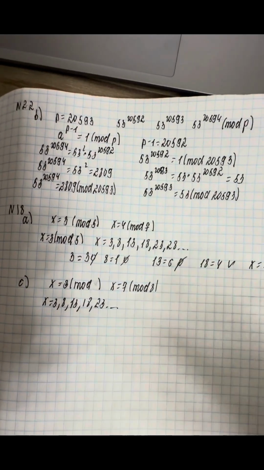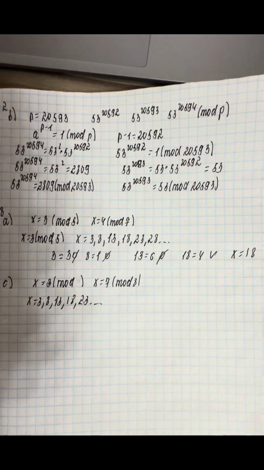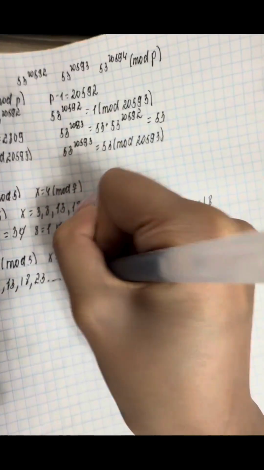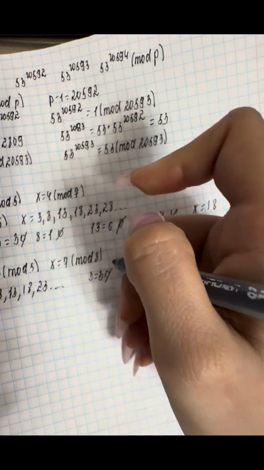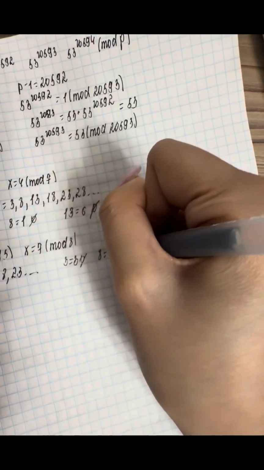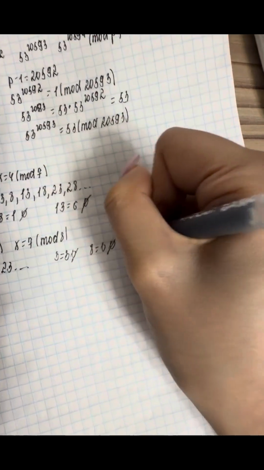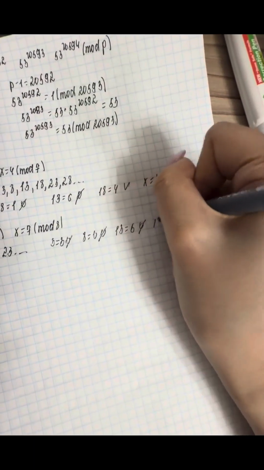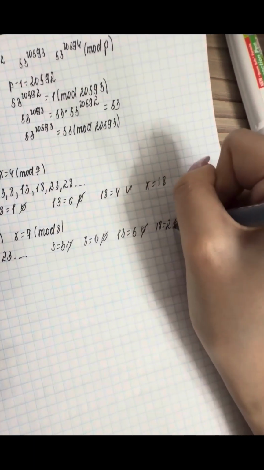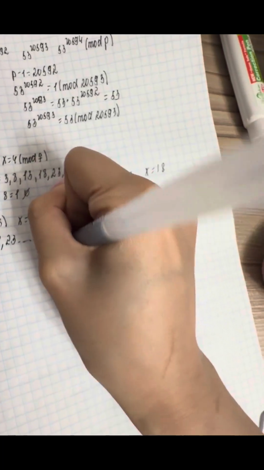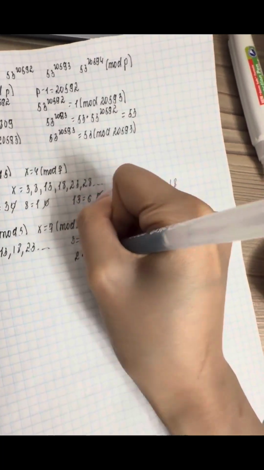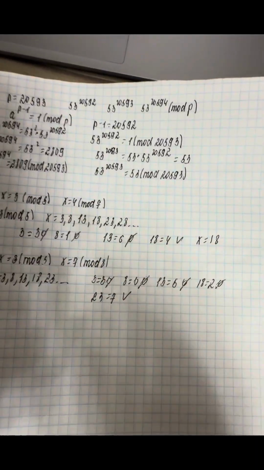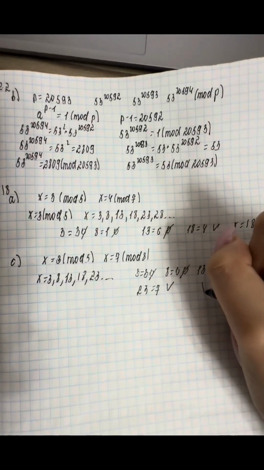Now I check which one is congruent to 7 modulo 8. 3 no, 8 no, 13 is 5, no, 18 no, and 23, yes. The smallest non-negative solution is 23, x equal to 23.